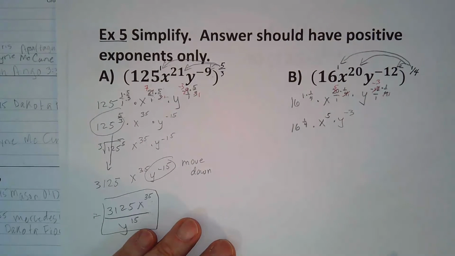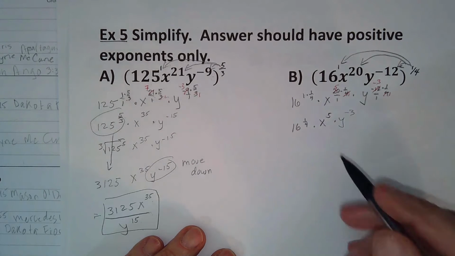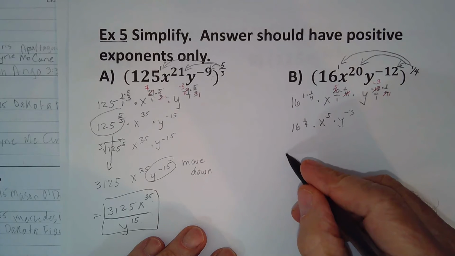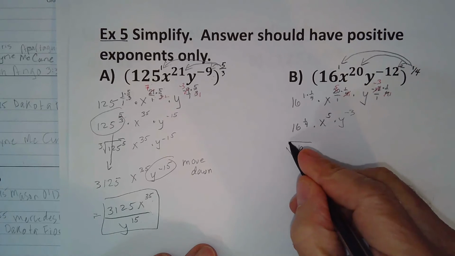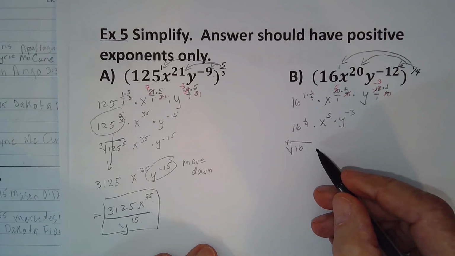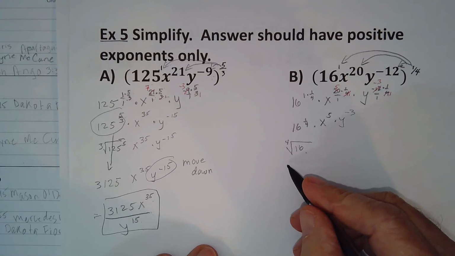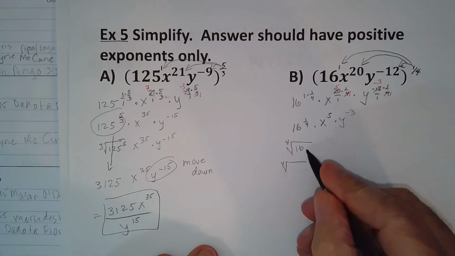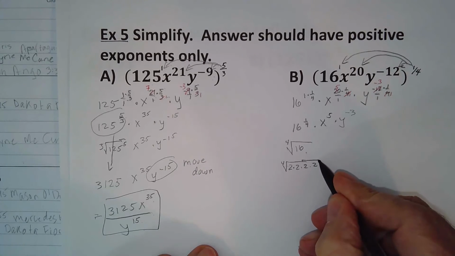And then what do we do? First of all, we want to take the 16 to the 1/4 and change this to a radical. So it's the fourth root of 16, right? Now we can simplify this, because isn't 16 2 times 2 times 2 times 2? We've got 4 2's.